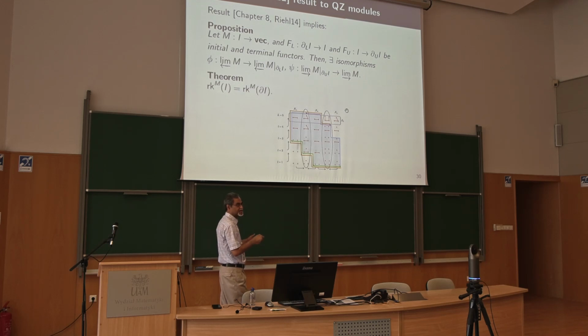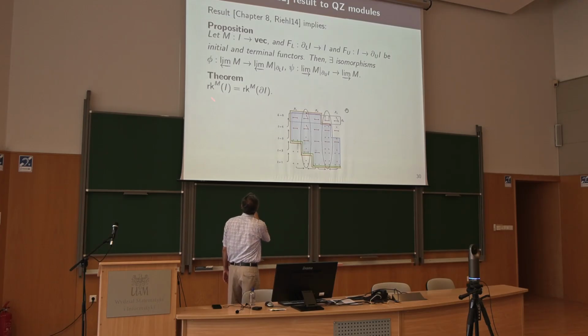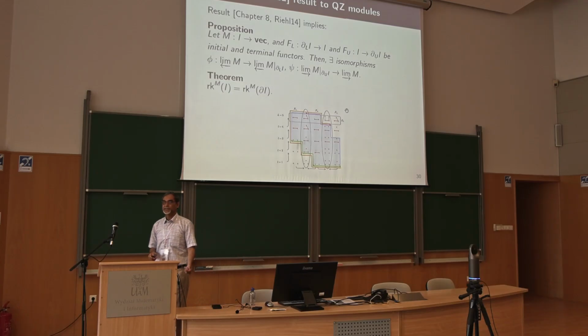So this is saying that I can concentrate only on the lower fence or the upper fence. I can forget about the inside of I, just like in the Z2 case. So this proposition ultimately helped us to prove that whatever I had is still valid.